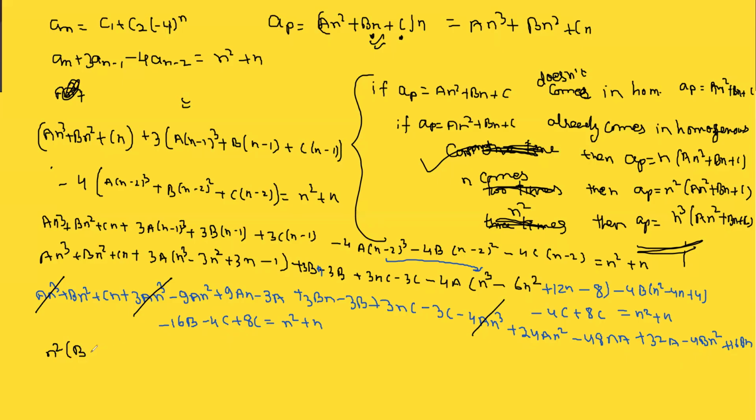B minus 9a plus 24a minus 4b. Take n common. C plus 9a, 3b, 3c.